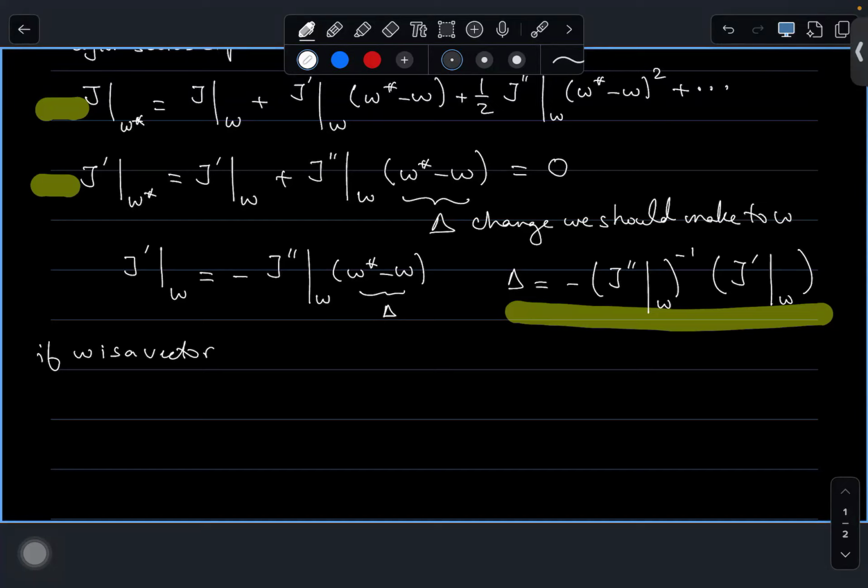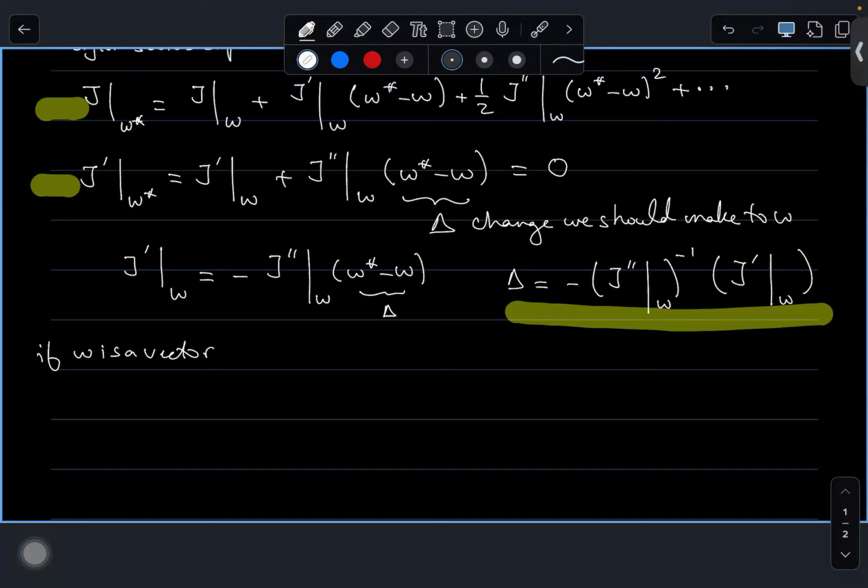I'm at W. W star is where I want to go. What is the value of the function that I want to go at W? And the first derivative at that location, which happens to be the minimum of my hill, has to be 0. Therefore, I can make my assertion that delta, the optimum change that I should make in my weight, is the inverse of the second derivative times the first derivative.